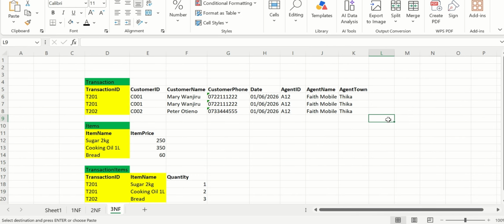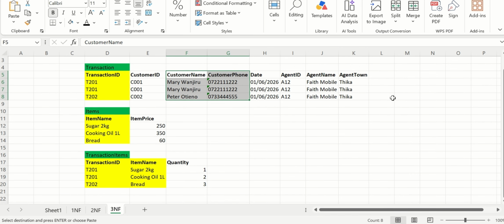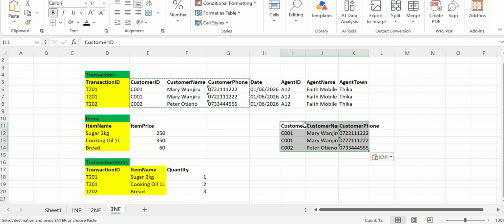Yeah, so we have these here. They do not depend directly on our main key here, so they depend on this, so we'll have to separate this. Yeah, so let's separate them here. Let's copy this, copy, and then we put it here.